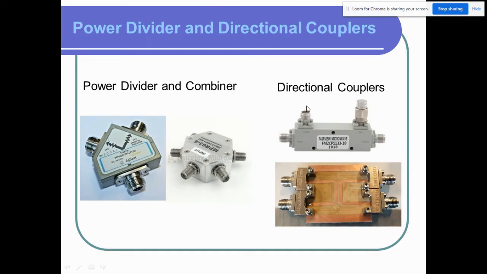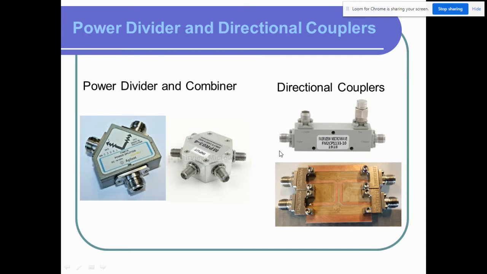This is usually a 3 to 4 port network, but usually we have a 4 port directional coupler, very widely used and available in the market, where we take an input here and then this is the output through port. This is called a coupling port.